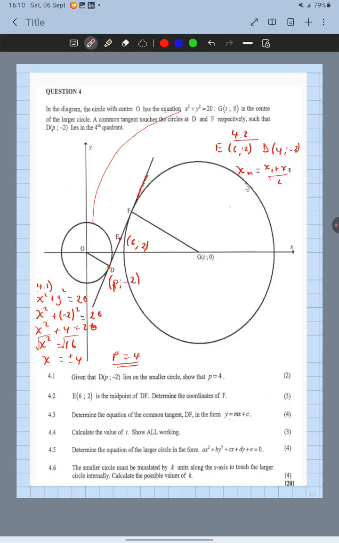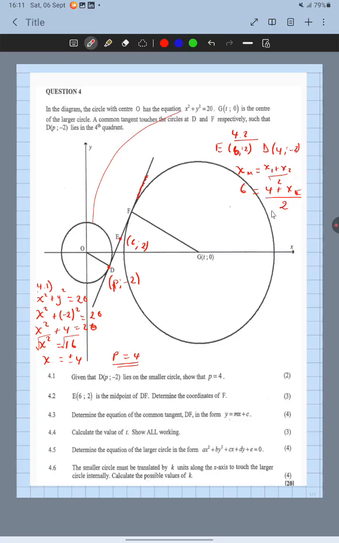So the x of the midpoint is 6. So 6 equals 4 plus x of F, all divided by 2.